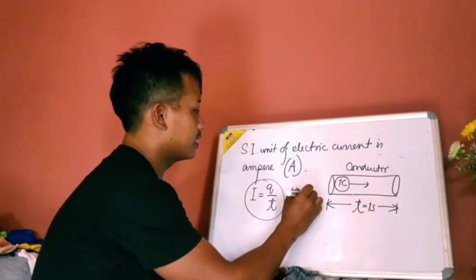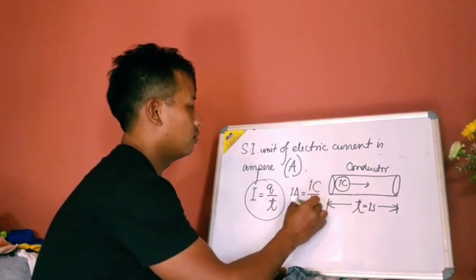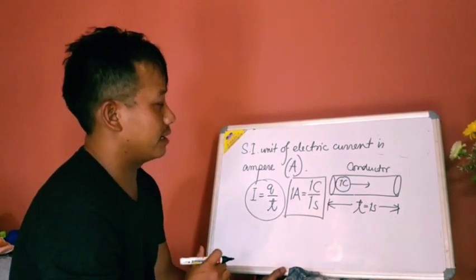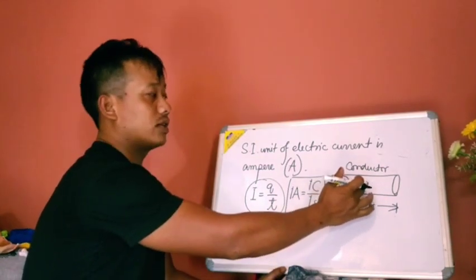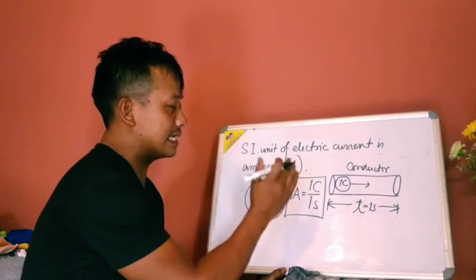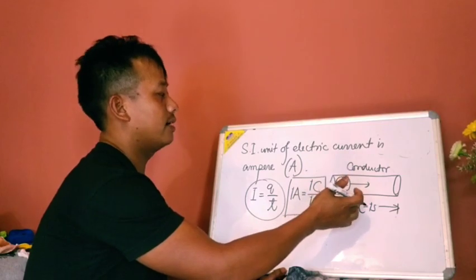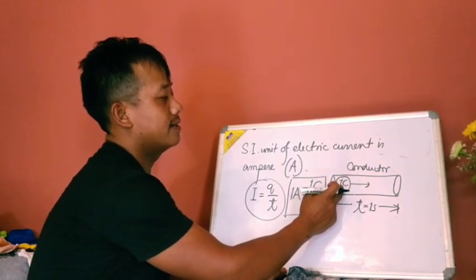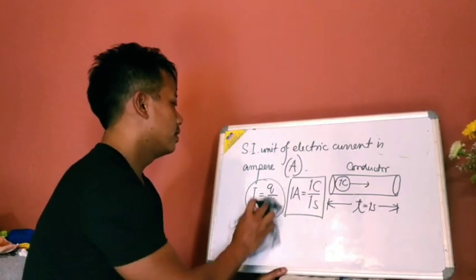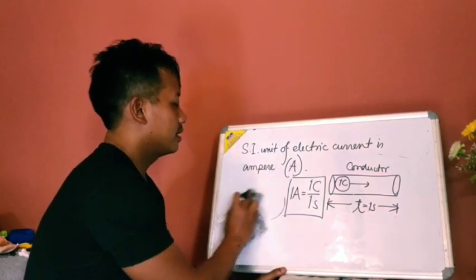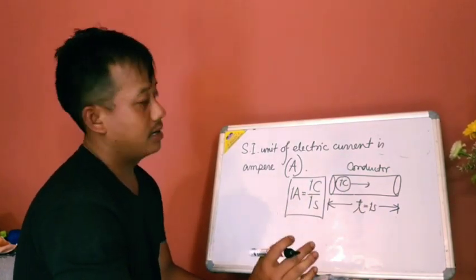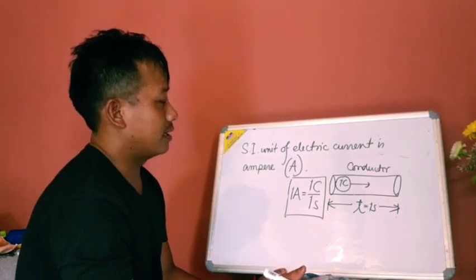So 1 ampere is the electric current passing through a conductor when 1 coulomb of charge takes 1 second to move across the conductor.